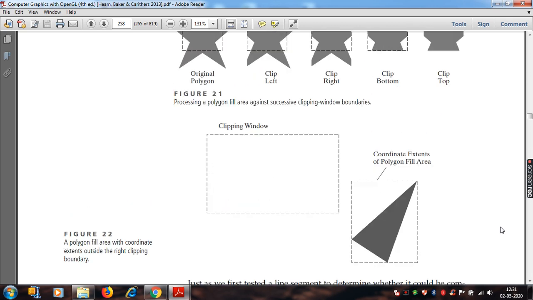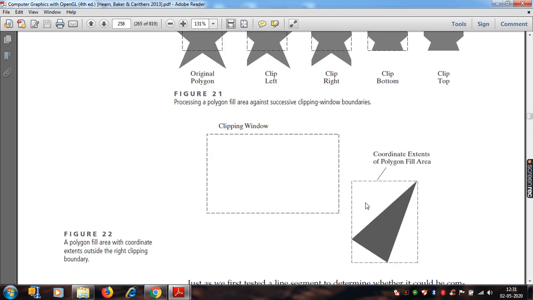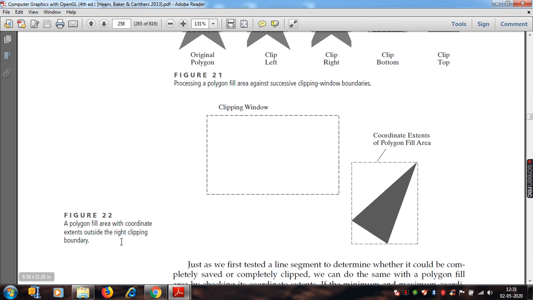Next we will see, once you clip the polygon, how we can ensure that the finally produced output is within the clip window or not. What you can see here is the clip window, and there is a coordinate set of a polygon fill area.